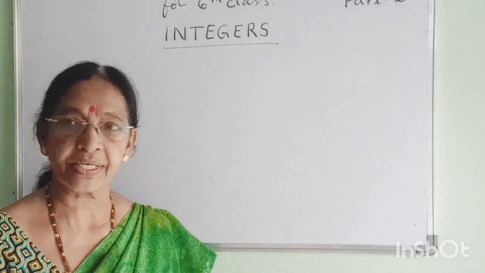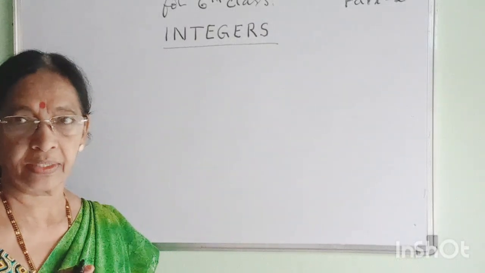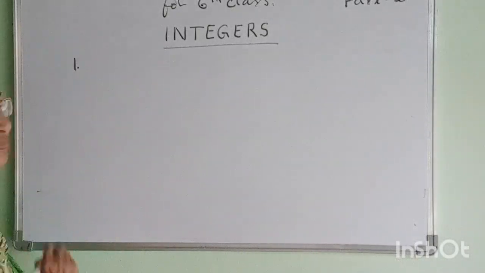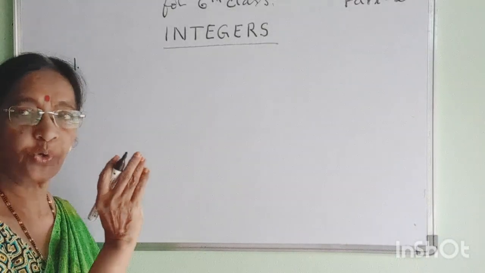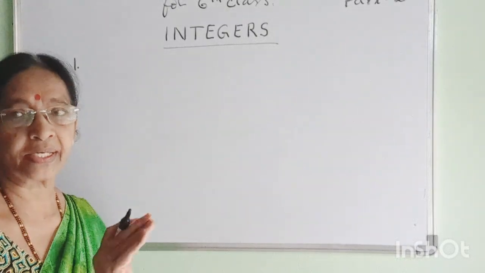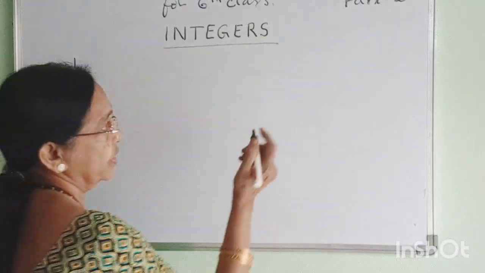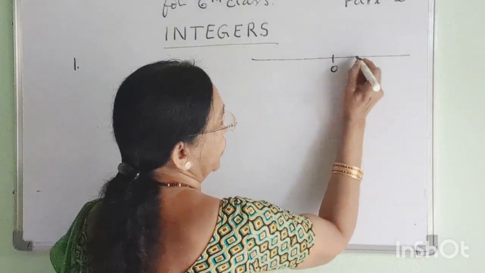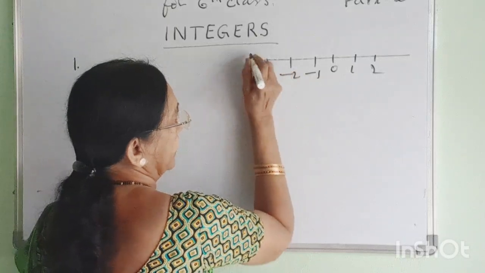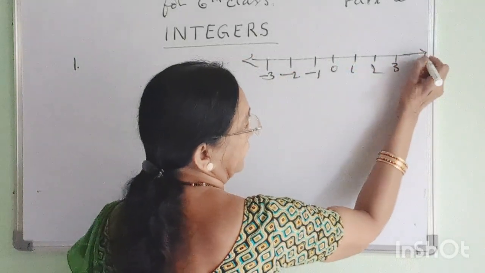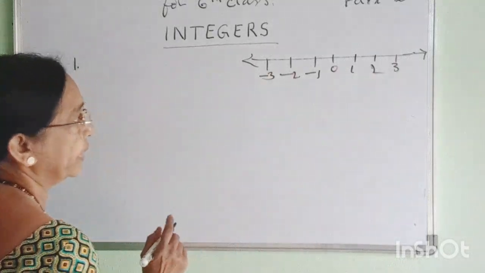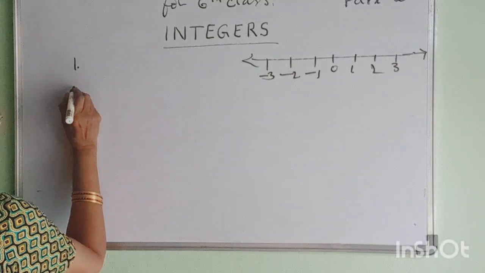So about the integers represented on the number line, we can observe certain things. The first one is, as we go from left to right on the number line, the value increases. The number line is this: 0, 1, 2, minus 1, minus 2, minus 3. So as we go from left to right, the number increases. That is the first point.